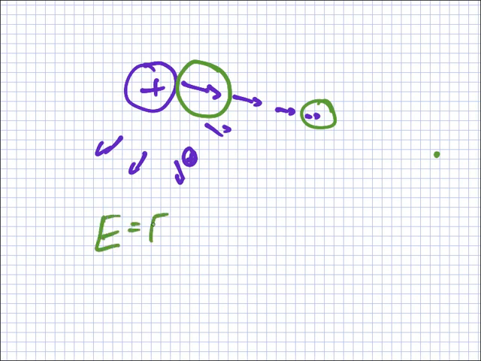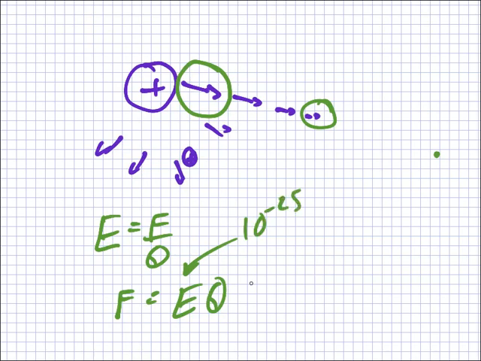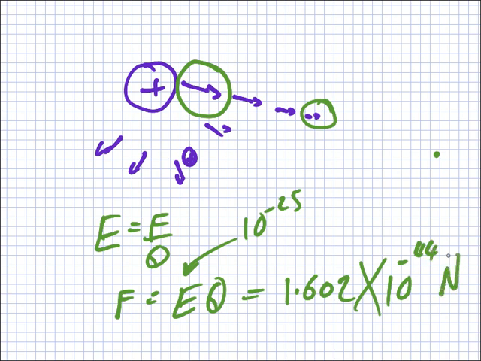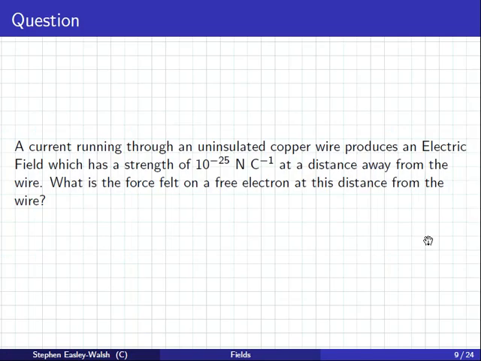E equals F over Q, so F equals EQ. The e is 1.602 times 10 to the minus... that can't be right. No, that sounds right. Times 10 to the minus 44, because there's 2 minus. It's tiny. Well, it should be small, it's only an electron. Is that okay? Sorry, made a total dog's dinner of that.